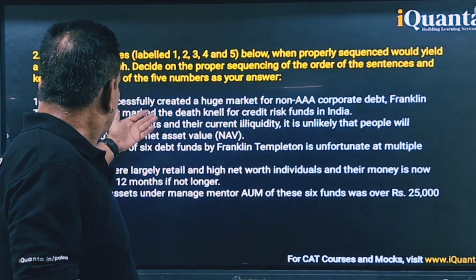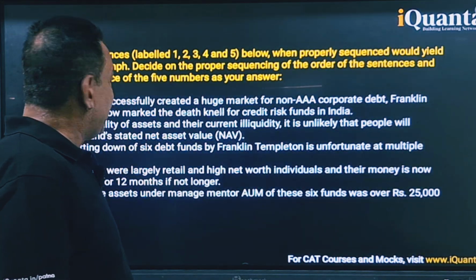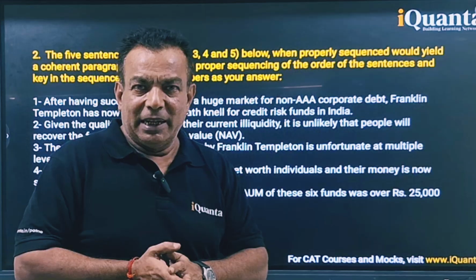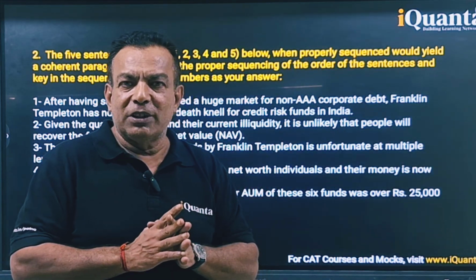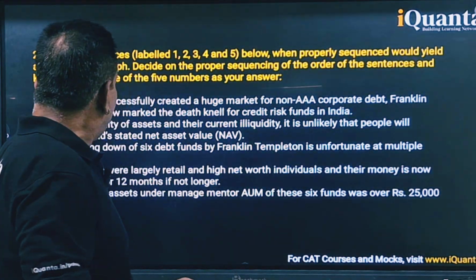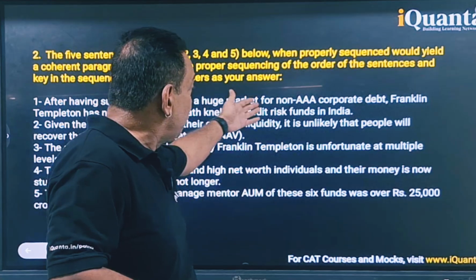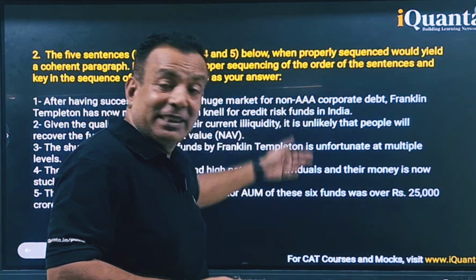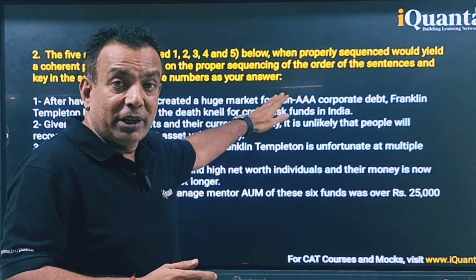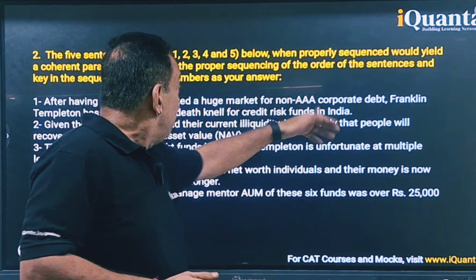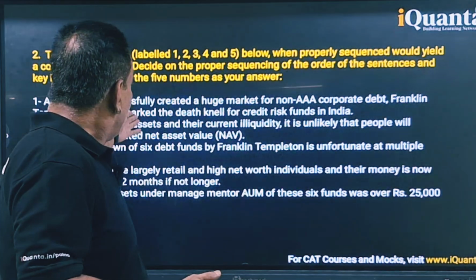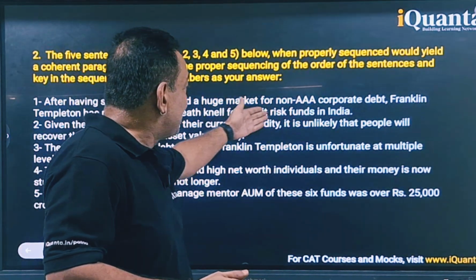So that would be the fourth sentence, and the fifth one is the conclusion of this whole concept, saying after having successfully created a huge market for non-AAA corporate debts, that is very risky, obviously, Franklin Templeton has now marked the death knell of credit risk funds in India.